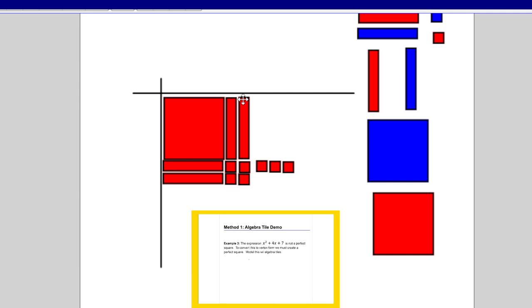So we'll say x plus 2 times x plus 2, right, for our dimensions. And then we have our 3 leftover pieces, or plus 3. If I want to rewrite this, x plus 2 squared plus 3. So let's go back to our slides.